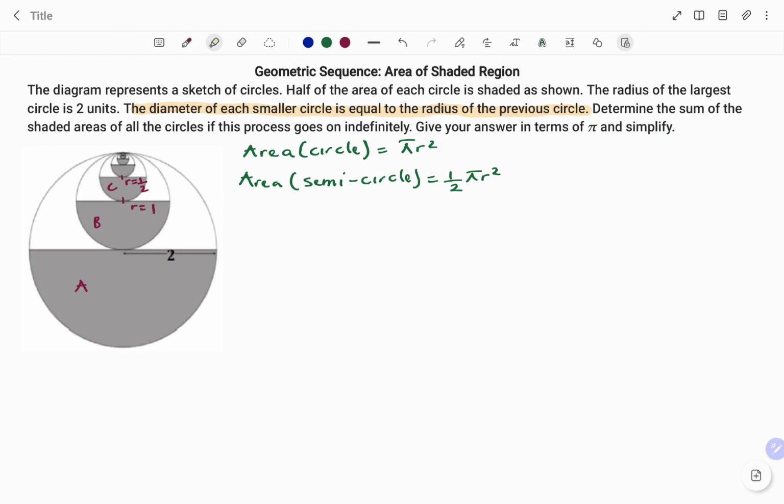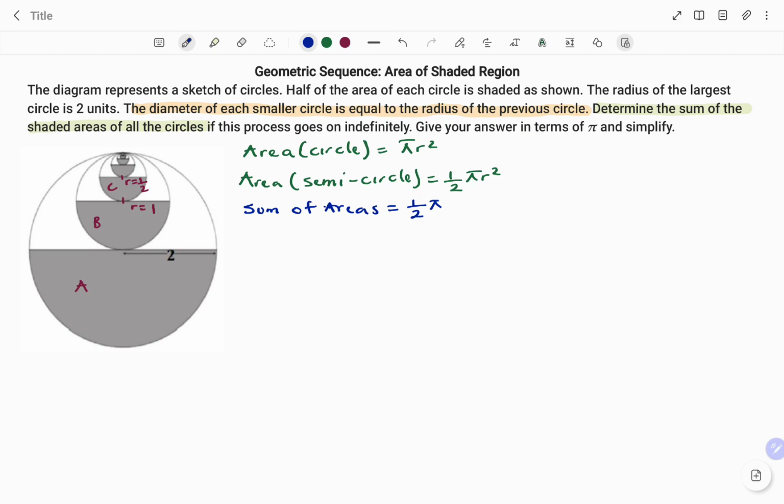So therefore, to determine the sum of the shaded areas of all the circles, starting from the first circle, we have sum of areas. Note that the areas in this case are the semicircle. We have the first semicircle that will be equal to the area of the first semicircle, that's half pi.